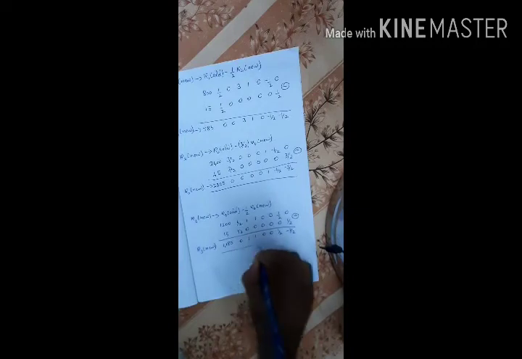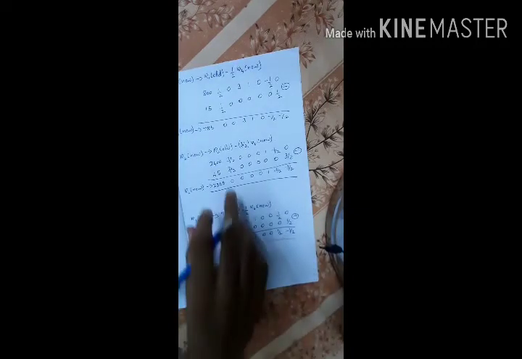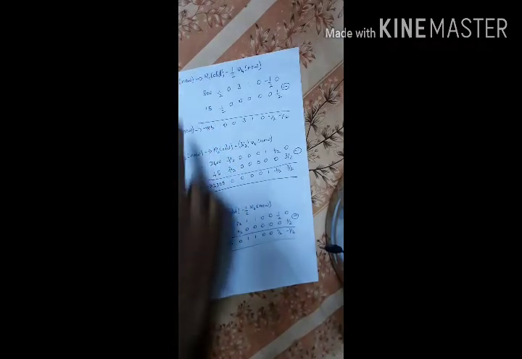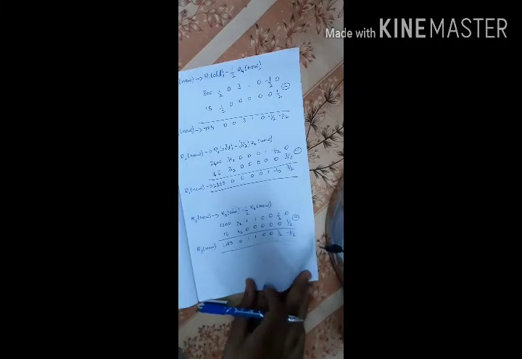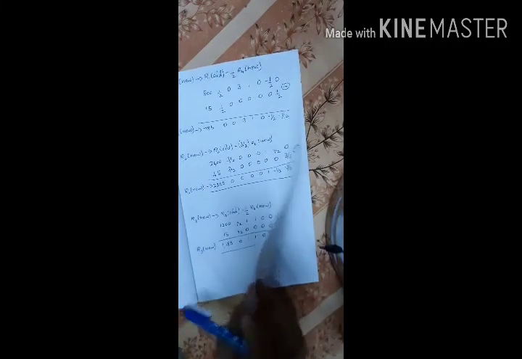So this forms the R3 new. So using this R1 new, R2 new, R3 new and R4 new, we formulate the new simplex table.